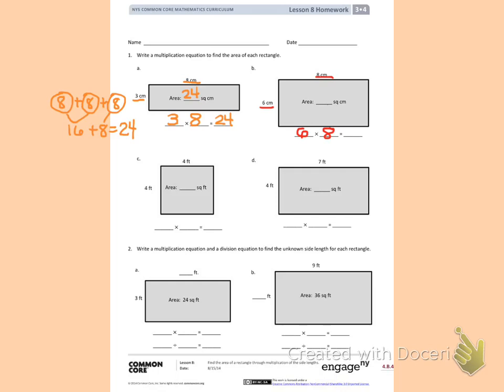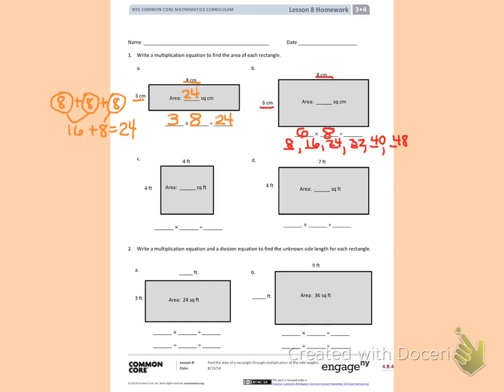I think I'll do that this time. I need 6 groups. 1, 2, 3, 4, 5, 6. And now I'll count by 8s. 8 and 8 more is 16, and 8 more is 24, and 8 more is 32, and 8 more is 40, and 8 more is 48.